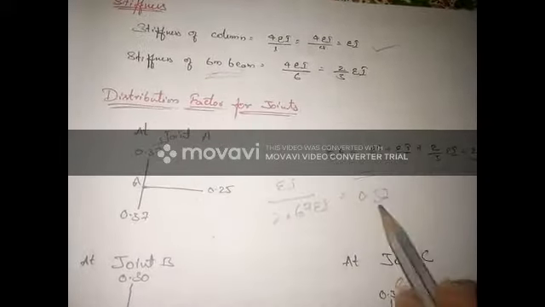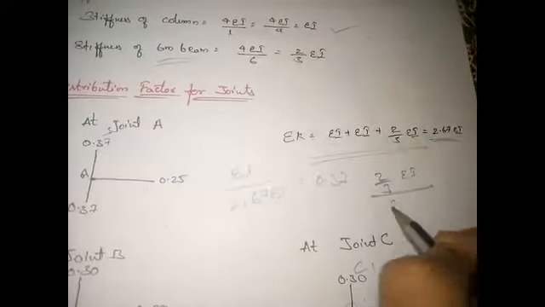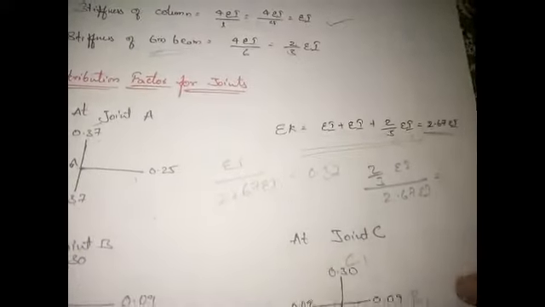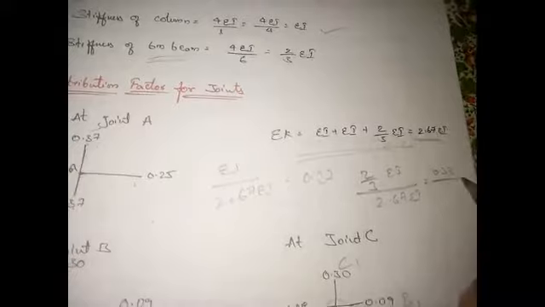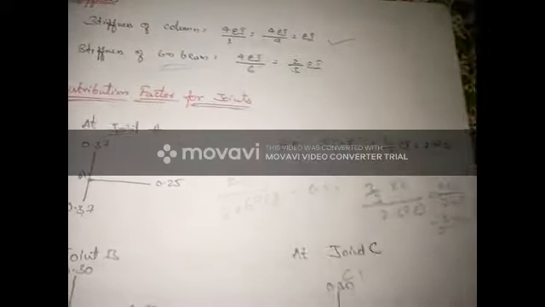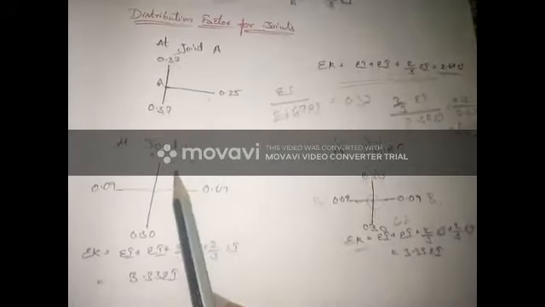For beams, it is 2 by 3 EI by 2.67 EI, that is 0.33 by 2.67, approximately equal to 0.25. So this is how we calculate the distribution factors. Directly we'll write down the distribution factors.